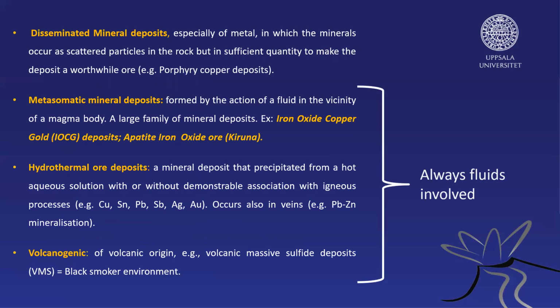Within the metamorphic, metasomatic deposits, we can distinguish four different subtypes. We have disseminated mineral deposits, where basically the economically interesting mineral is scattered within the host rock, but it's concentrated enough to be a worthwhile ore.